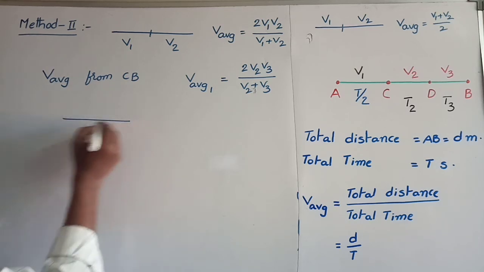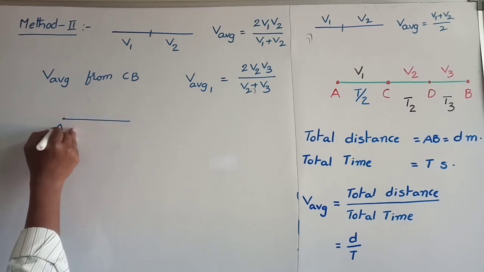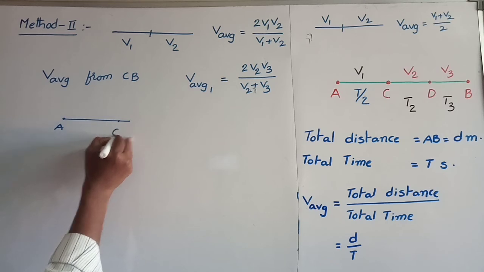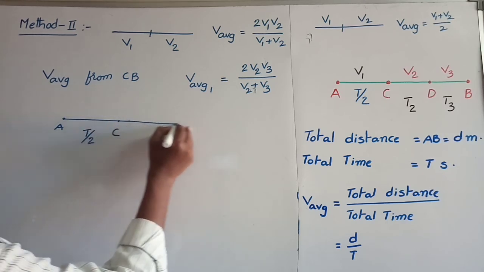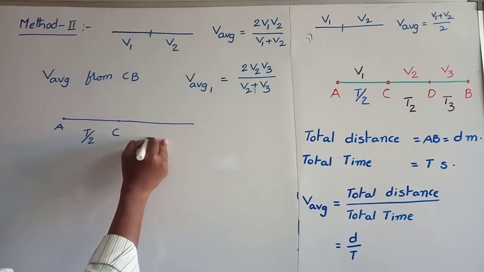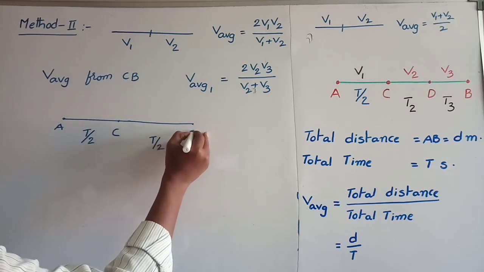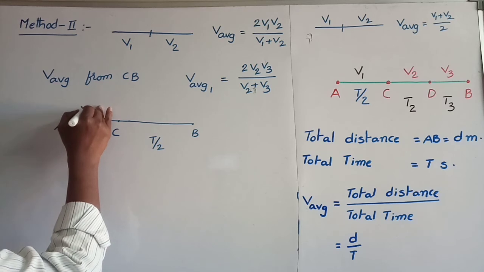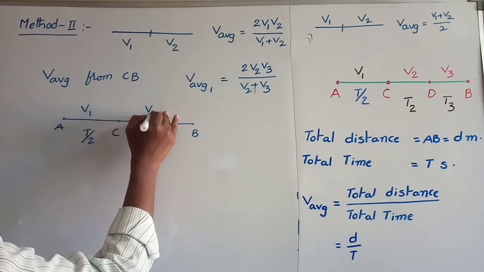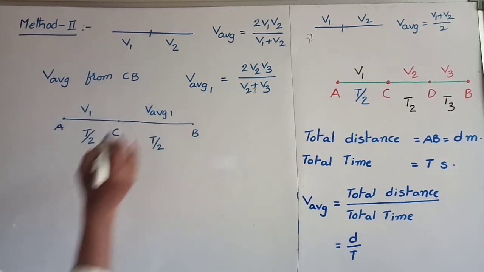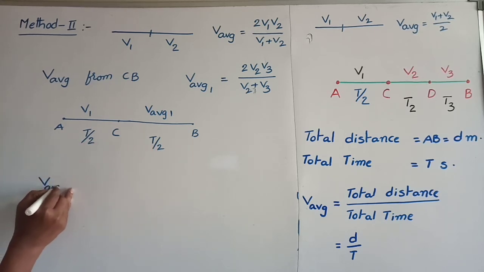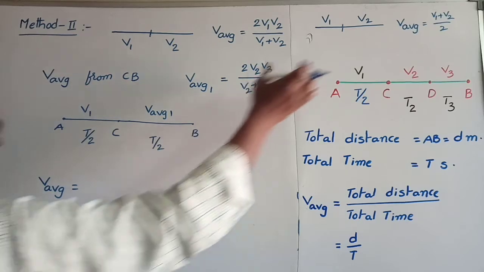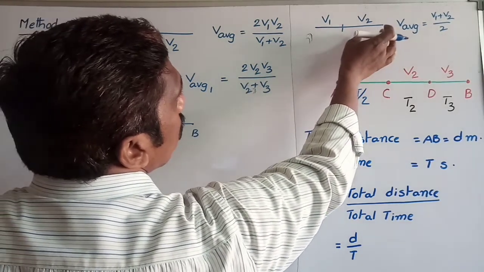A to C is the first half time of the journey. The remaining one is the next half time of the journey, T by 2. In this, the speed is V1, and in this, the speed is V average 1. So finally, the average speed, from this formula, half of the journey with V1, remaining is V2.